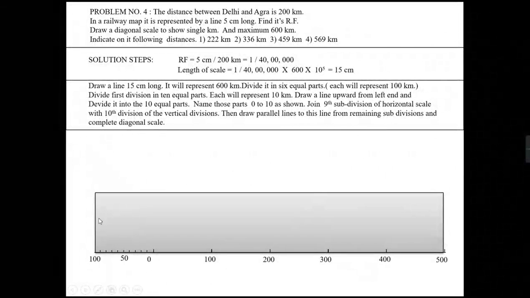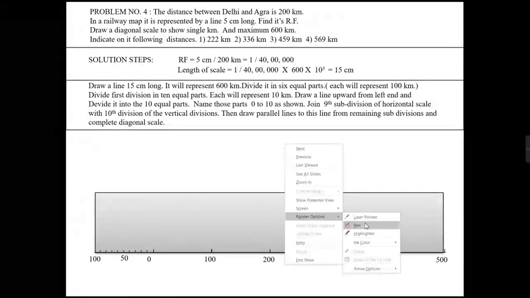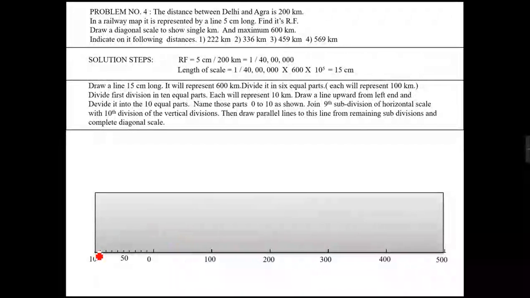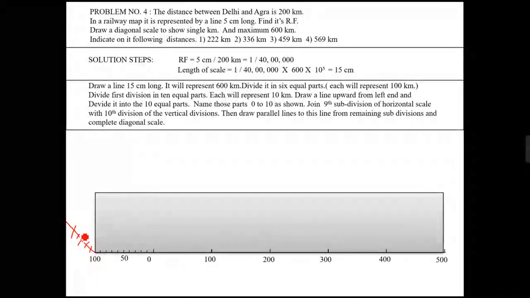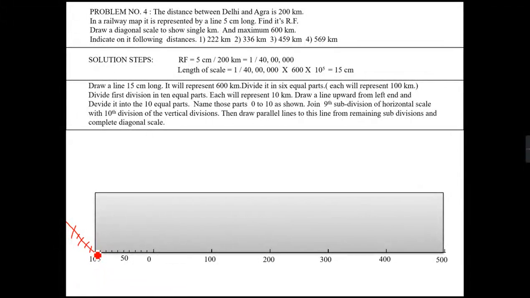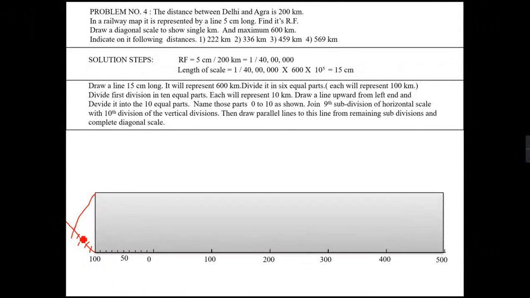For that, I will divide this line into the 10 equal parts, the same way as we have done in the plane scale. So I will draw a line here and I will cut it into the 10 equal parts. Right now I am cutting it into the 5 equal parts. From the last point I will join the last point of the line, and then I will draw the parallel line.